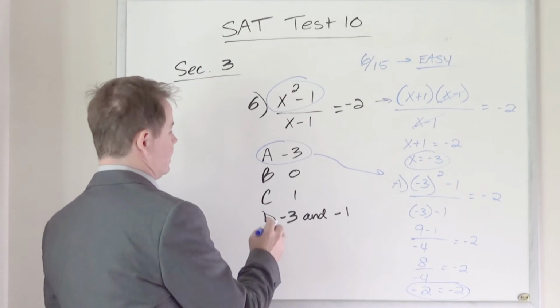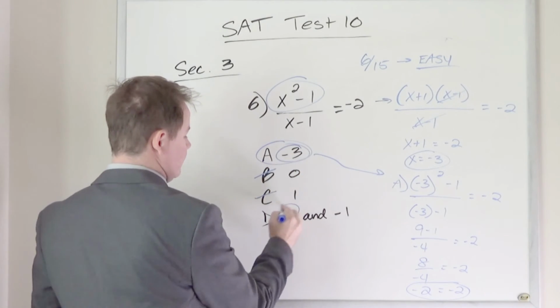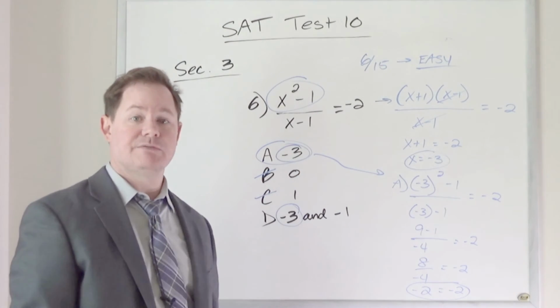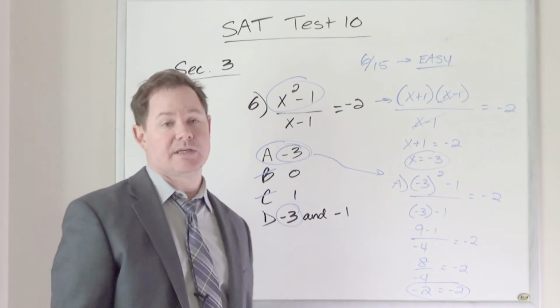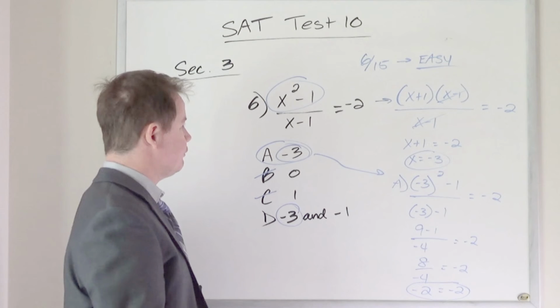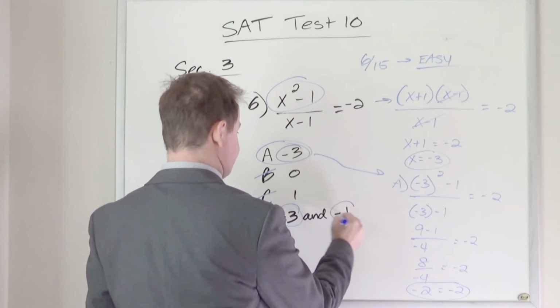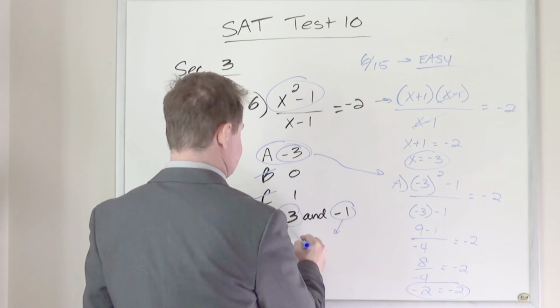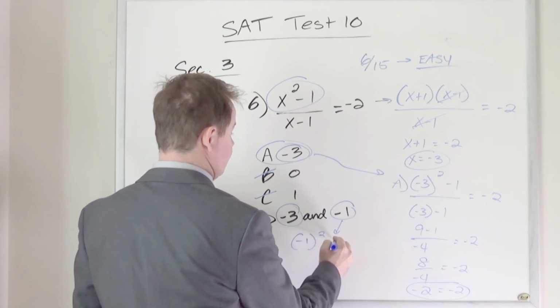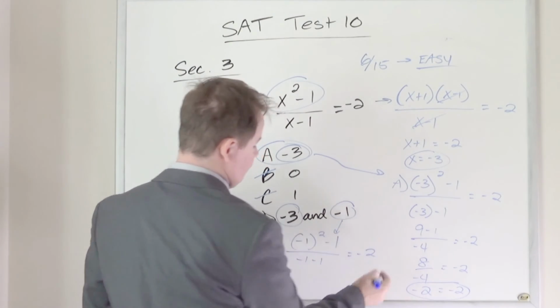So we know that negative 3 is a solution, which means we have to pick an answer that includes negative 3. That leaves us with A and D as possibilities. And now we could test out negative 1 for our remaining answer. So you could do negative 1 squared minus 1 over negative 1 minus 1 equals negative 2.